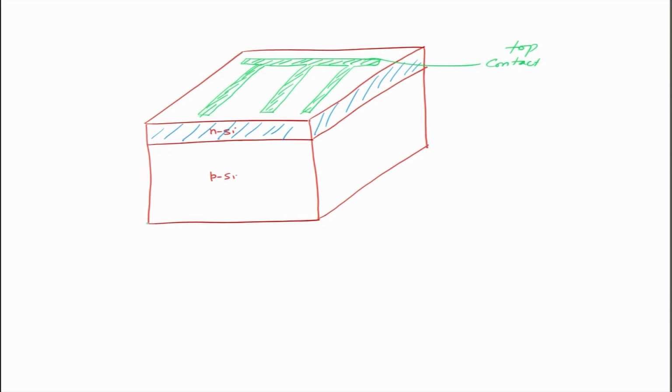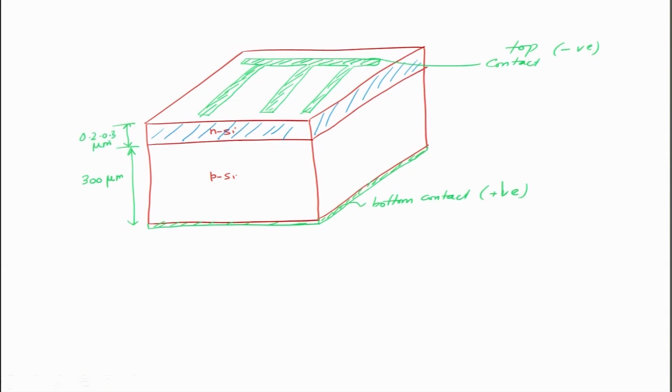Similarly you will have a contact at the bottom. So, this is the bottom contact, which is positive, this is negative, and this is about 300 micron, and this is about 0.2 to 0.3 micron.